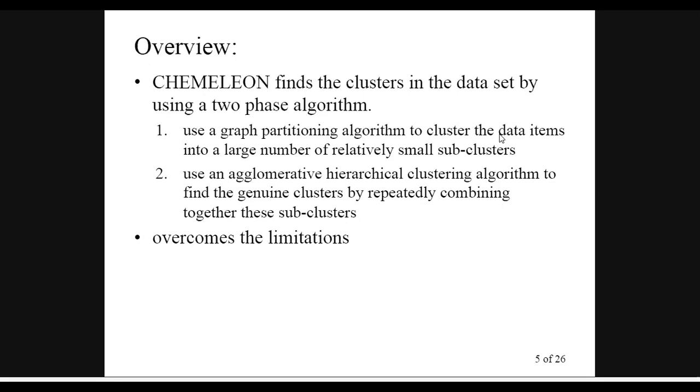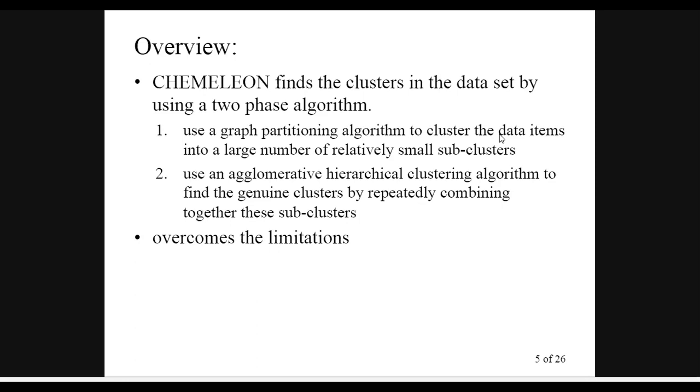So when we get a lot of data, first we create a graph using the KNN technique, and after that we partition that KNN graph-based structure into smaller subclusters. This is the first phase of the chameleon algorithm.